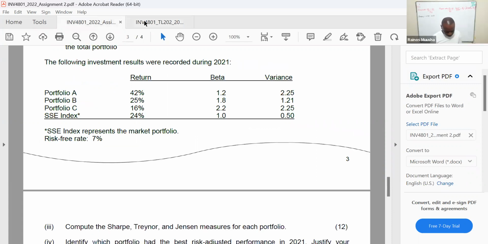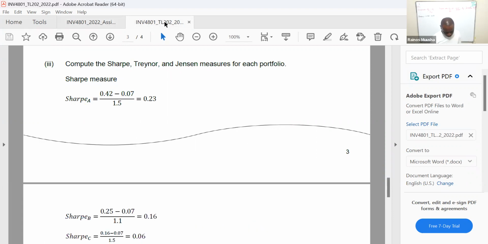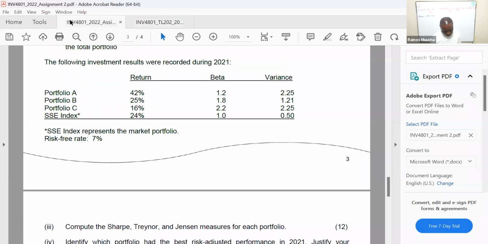Just give me a second. 1.21, the square root of that is 1.1. Okay, that's weird. The returns are given as percentages.